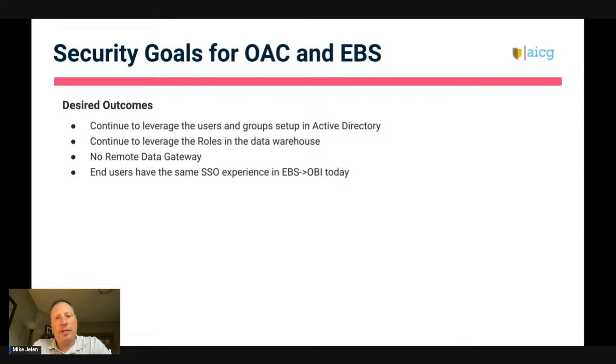You want to leverage the remote data gateway. For those of you that aren't familiar, the remote data gateway enables, if you're running Oracle Analytics Cloud, to connect back to an on-premise database. So think of your data warehouse. The data warehouse hopefully is up in the cloud. It could be Oracle's autonomous data warehouse.